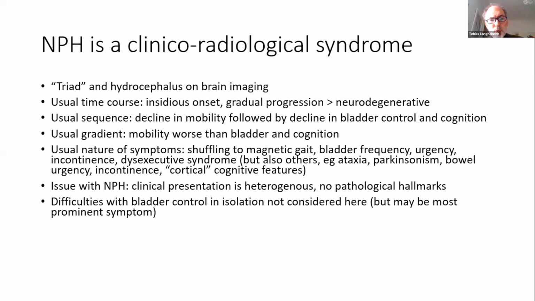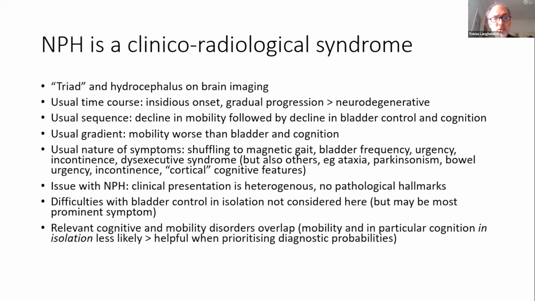Now, for the next few slides, I'm mentioning bladder control here only once. In isolation, it's not considered here, even though I acknowledge that it may be the patient's most prominent symptom, but I would not build my differential on the difficulties with bladder control.